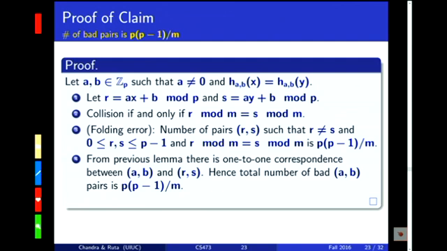As you change the value of RS, the value of AB is going to be changing. So you cannot generate two values of R, S with the same AB. So if there are P times P minus 1 over M bad values of RS, which actually collide, then there has to be exactly that many AB which make X and Y collide under the hash function. That's why this one-to-one correspondence was important between RS and AB.